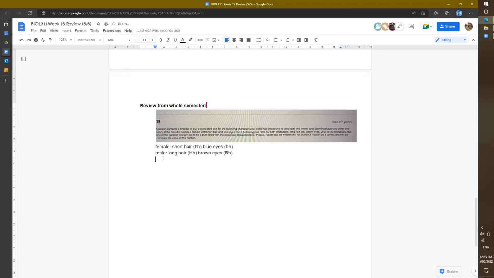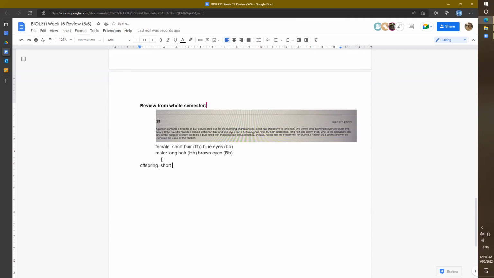Okay, so Punnett squares. Long hair, what is the probability? What we want to see from the offspring is purebred with the requested characteristics.